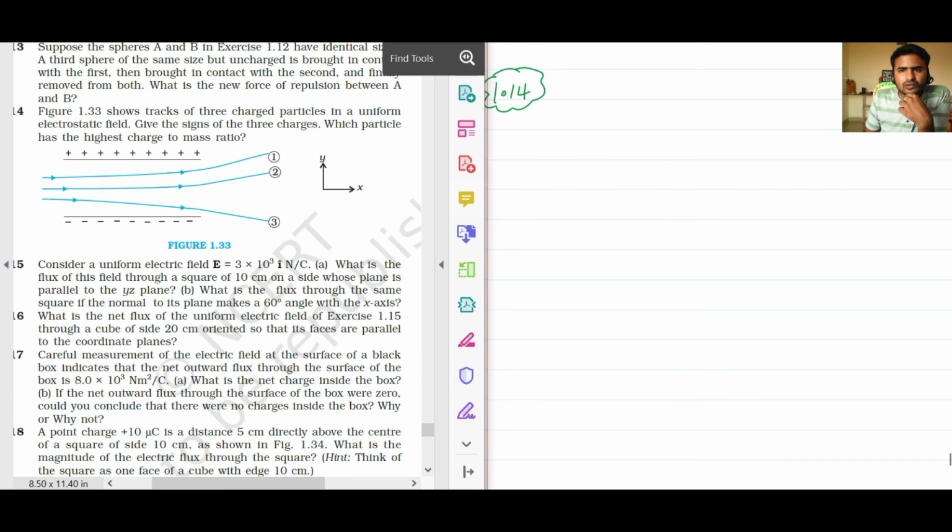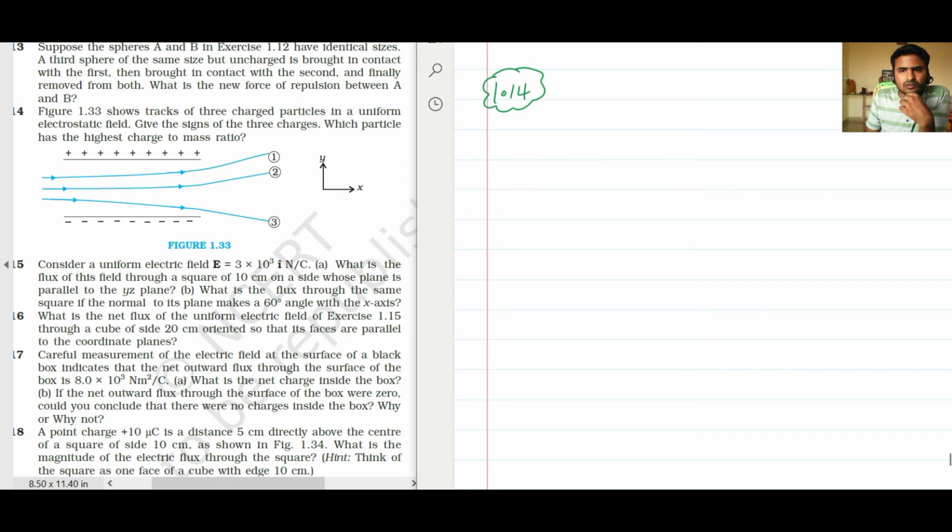See, when you pass these charges between these two plates, which charge will get deflected towards the positively charged plate? Negative charge. So here charge 1 and charge 2 are getting deflected towards the positive plate. That means charge 1 and 2 should be negative, okay, and charge 3 is getting deflected towards the negative plate.